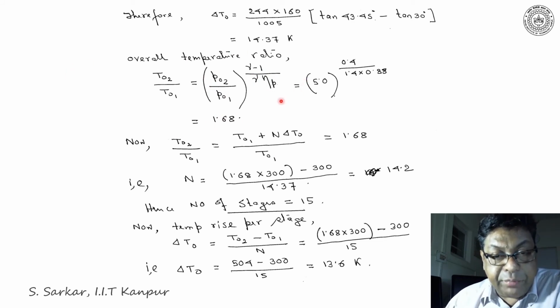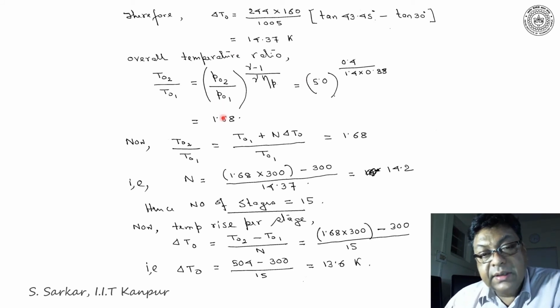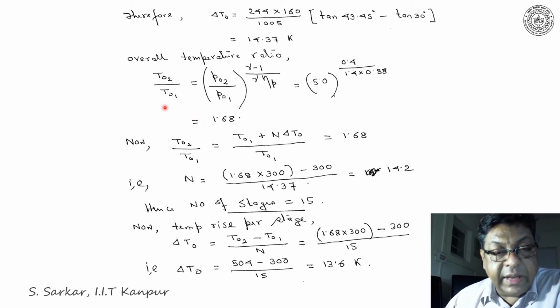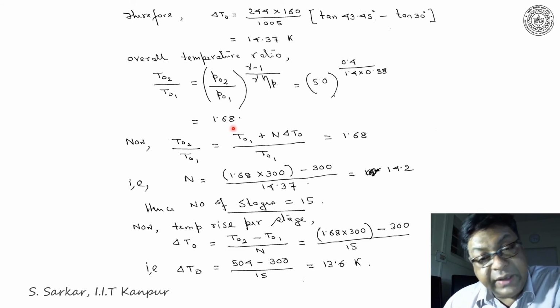This relation I have proved. Thus, this should be equal to 5 to the power 0.4 divided by 1.4 into 0.88. 0.88 is the polytropic efficiency here. Thus, if I do this calculation, I'll get T02 by T01 is equal to 1.68.